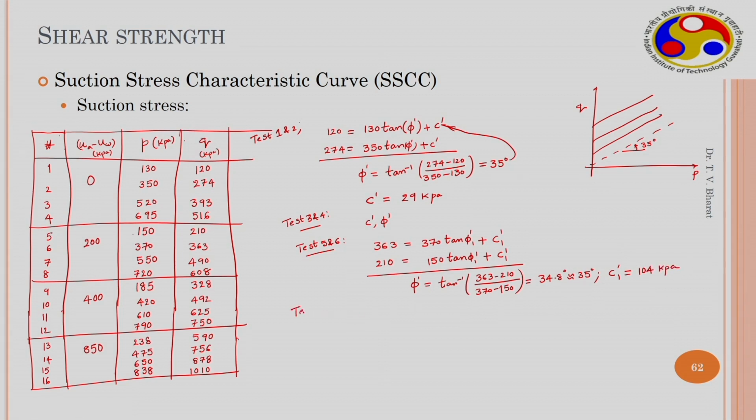Similarly, from test 9 and 10, phi dash is 35 degrees, and C2 dash is equal to 198 kilopascal.